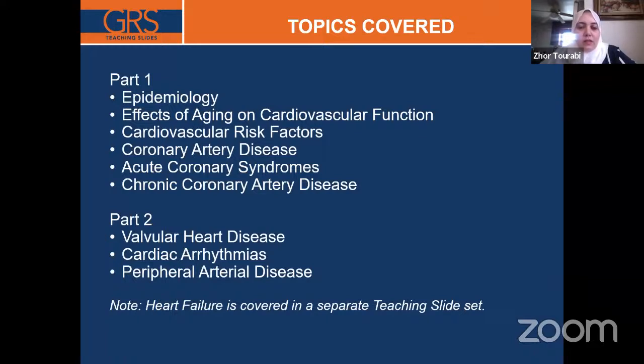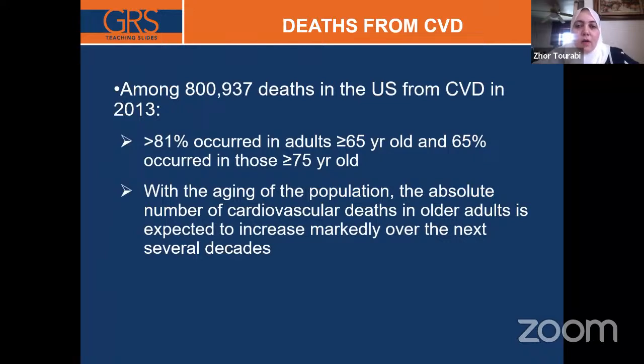In this presentation, we're going to cover only part one. Part one contains epidemiology, effects of aging on cardiovascular function, cardiovascular risk factors, coronary artery disease, acute coronary syndrome, and chronic coronary artery disease. First, we're going to start with deaths resulting from cardiovascular disease.